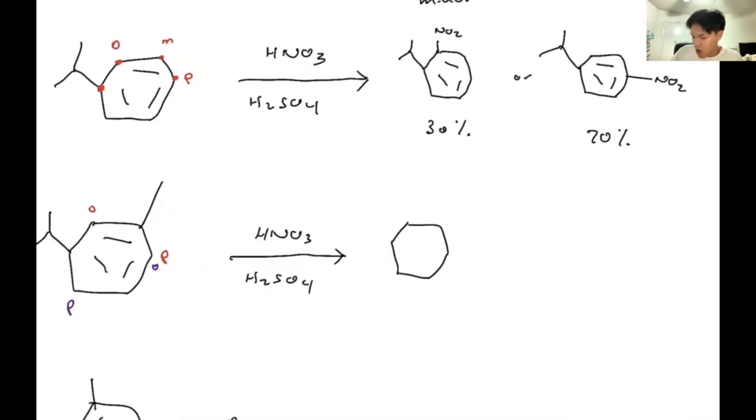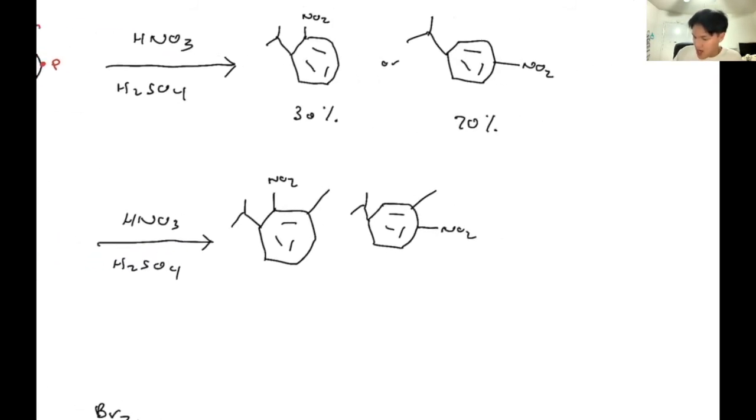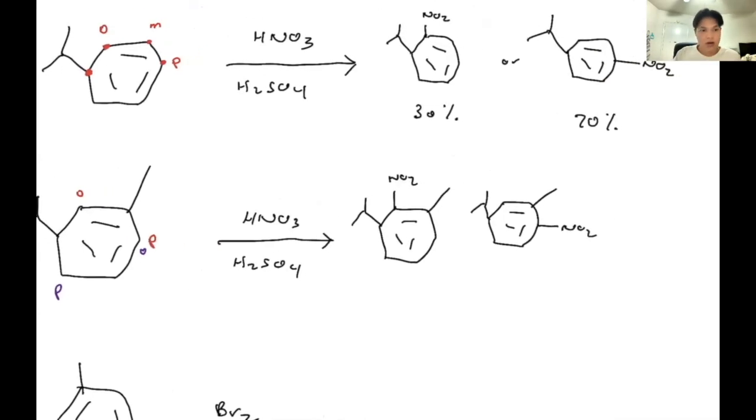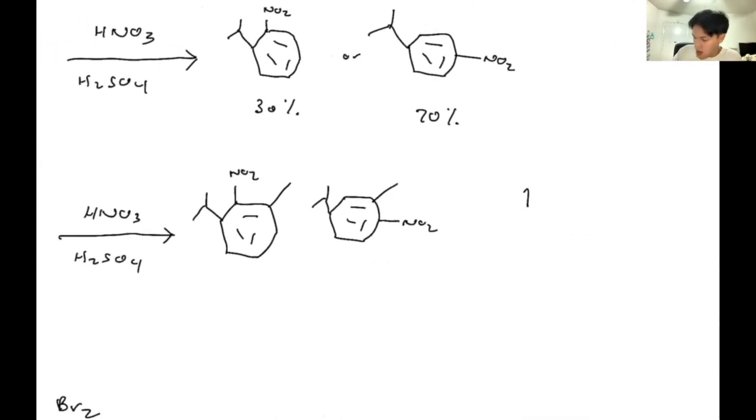Let's first add it ortho to this group right here, NO2. And then let's add it ortho and para for both, which is right here. And then lastly, let's add it para for the alkyl group on the right side. And then we have, oops, meta, para, okay?